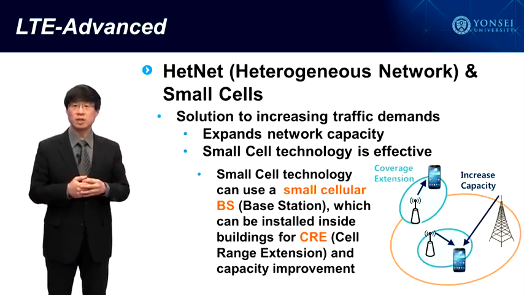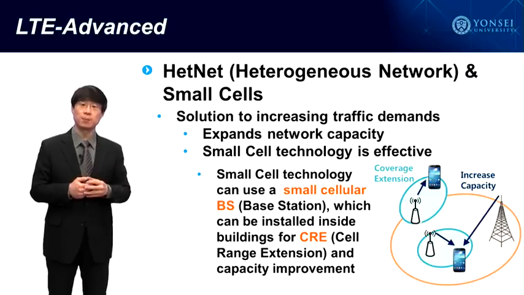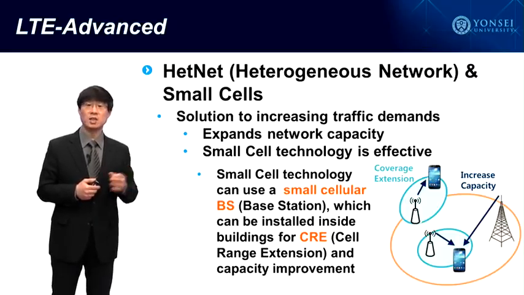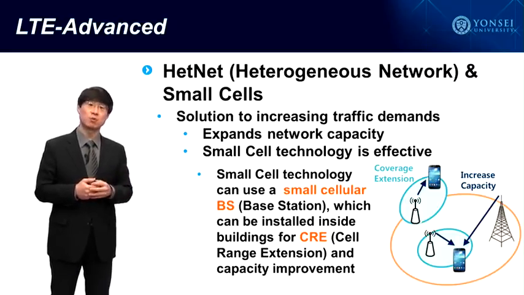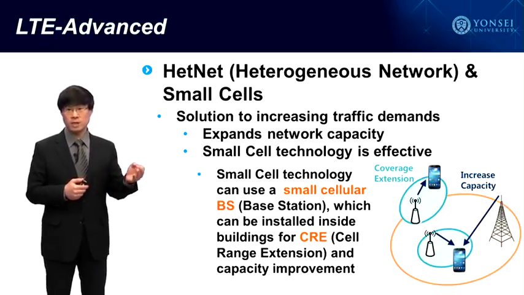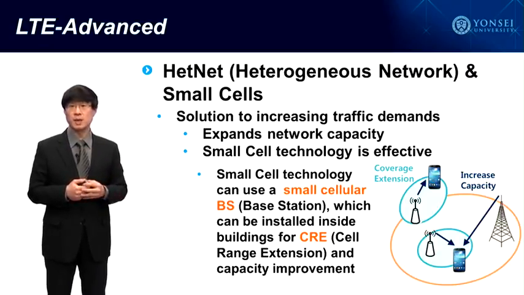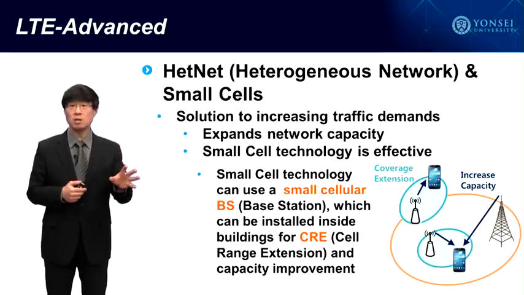Small cell technology can use a small cellular base station, a small eNode B, which can be installed inside a building for CRE, which is cell range extension, and capacity improvement. For CRE and capacity improvement, small cell base stations can be very effective.